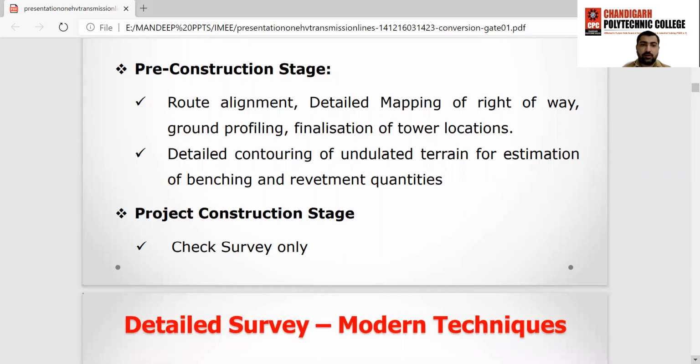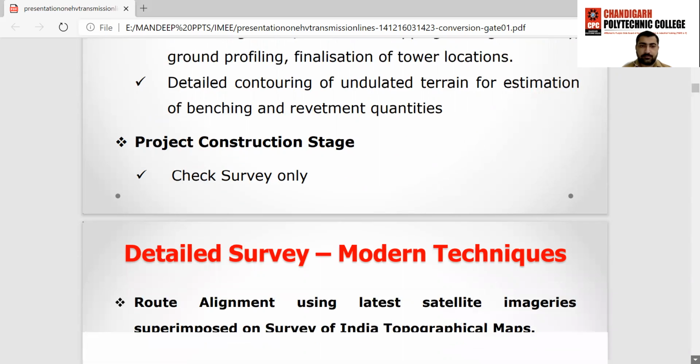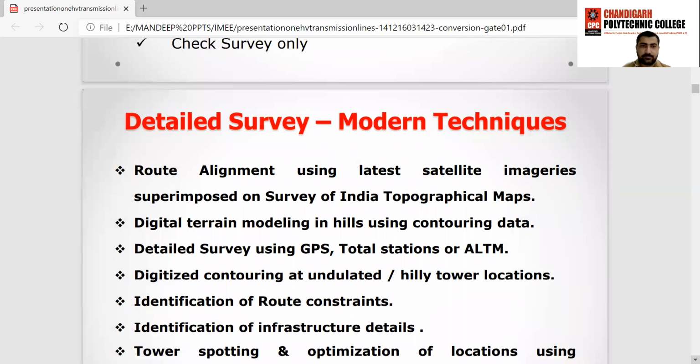The next one is project construction stage, check survey only in last stage.